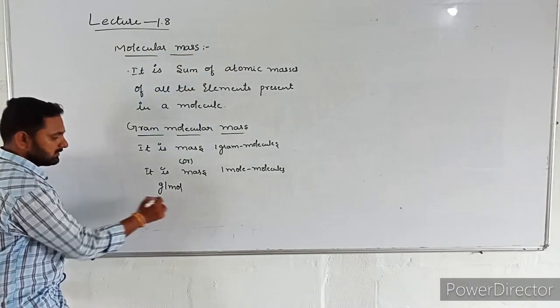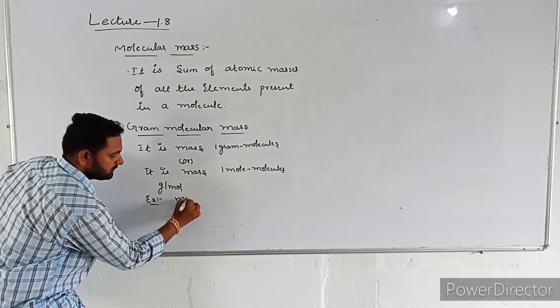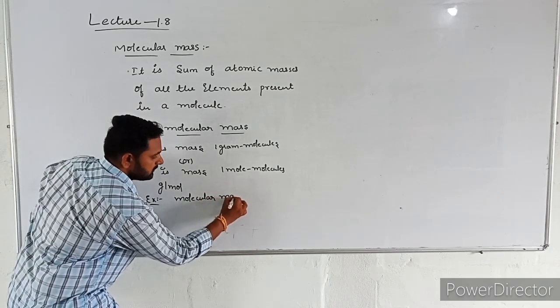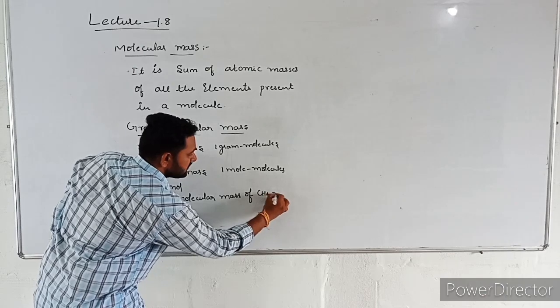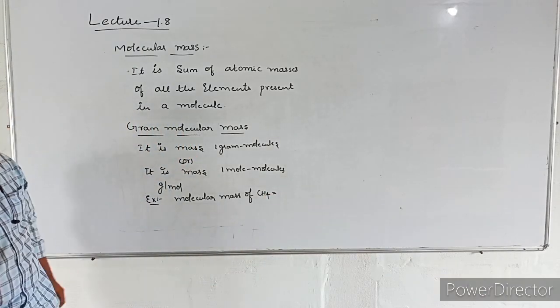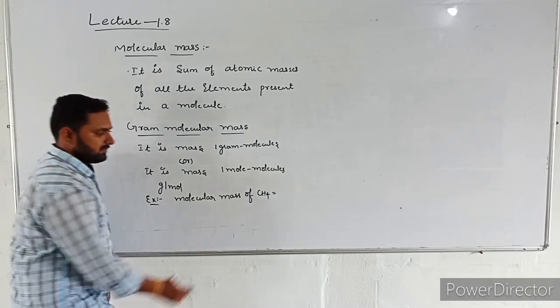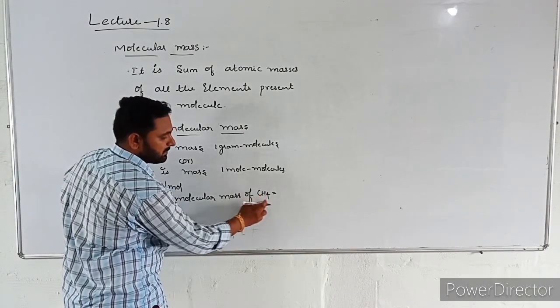Now let us see one example. What is the molecular mass of CH4? How do you calculate molecular mass of CH4? First, we have to add atomic masses of all the elements present in the molecule.